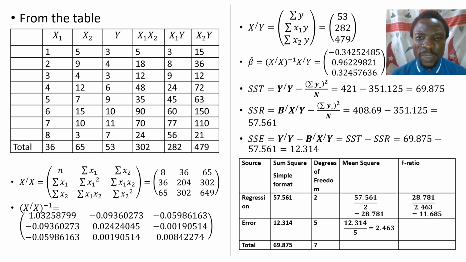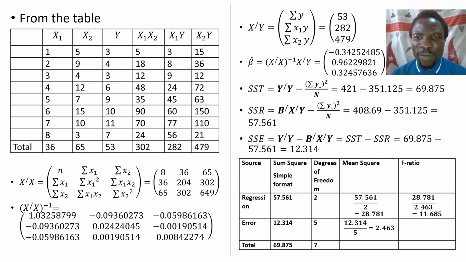So we can therefore obtain our sum of squares total, which is Y prime Y minus the square of the sum of y over the total number of observations. That will give us 421 minus 351.125, which is equivalent to 69.875. Similarly, the sum of squares regression is the transpose of the beta obtained times X prime Y, minus the square of the sum of y over the total number of observations.